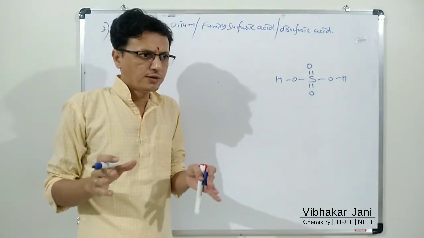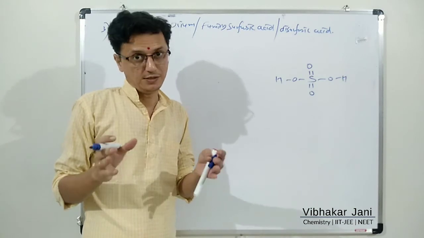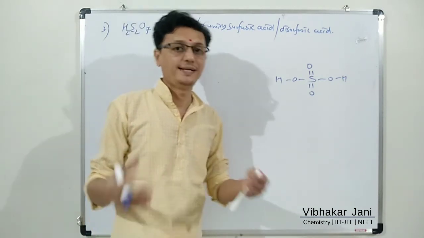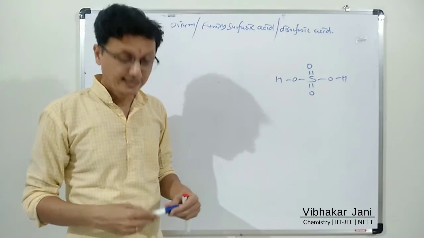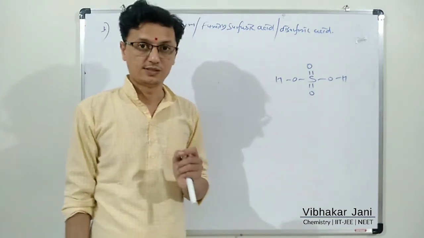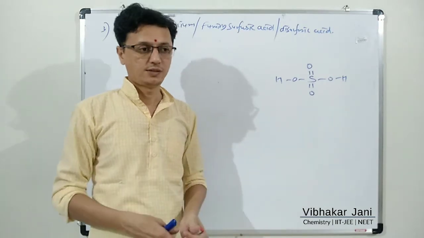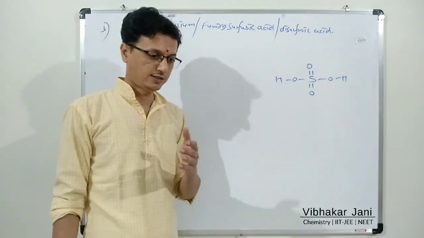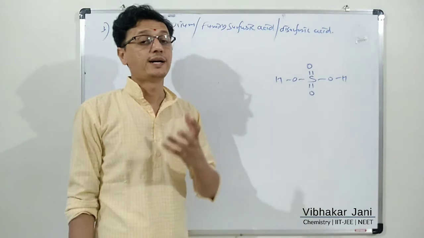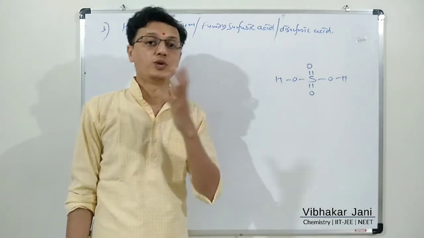Now this chapter has to be very important because in many lectures I have indicated the name of this chapter, chemical bonding and molecular structure. Very important chapter for us in standard 11 and 12 to find out the structure of any molecule.